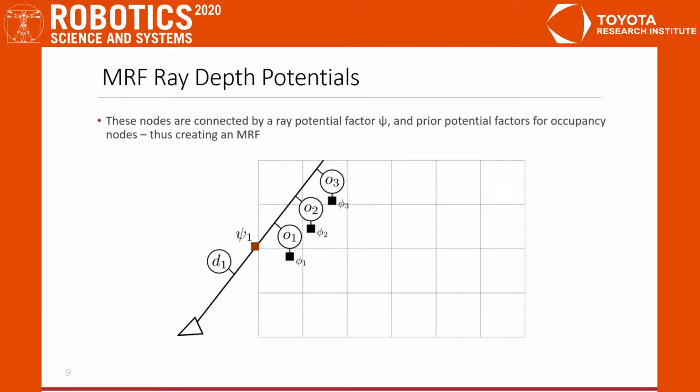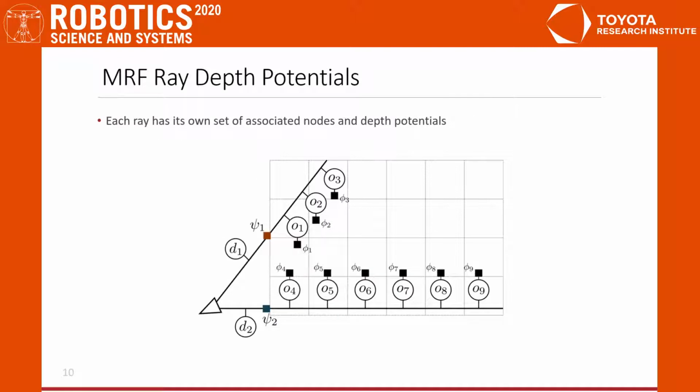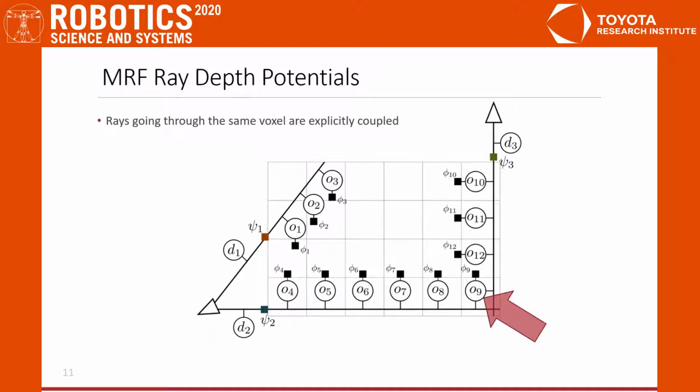These nodes are then connected by a ray potential factor psi and prior potential factors for the occupancy nodes. Each ray then has its own set of associated nodes and depth potentials. And finally, rays going through the same voxel are explicitly coupled, for instance, by occupancy 9, as shown in this figure.